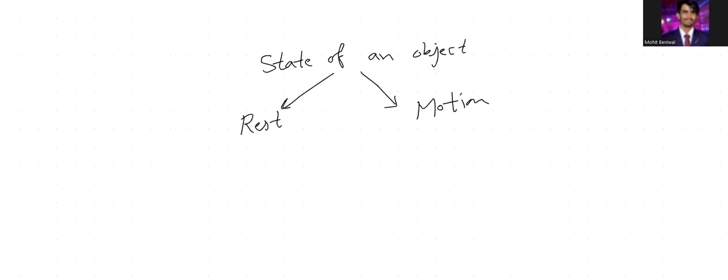Rest, you came to know, if any object is not changing its position with respect to time, you can say that object is at rest. For example, the lecture stand and the benches in your classroom are at rest with respect to ground or with respect to a person on earth watching them.